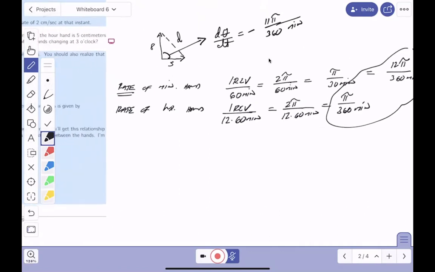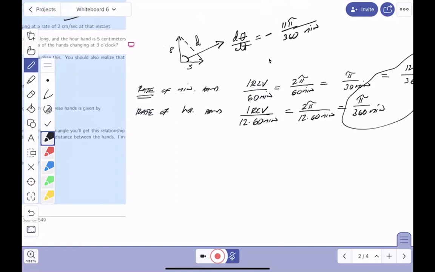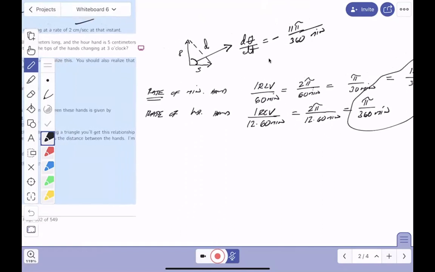Again, you could use seconds, hours, or days. Maybe today I feel like minutes, another day I might feel like seconds. So let's talk about how d is related to theta. Theta is changing. How is d related to that theta? It looks like the law of cosines.